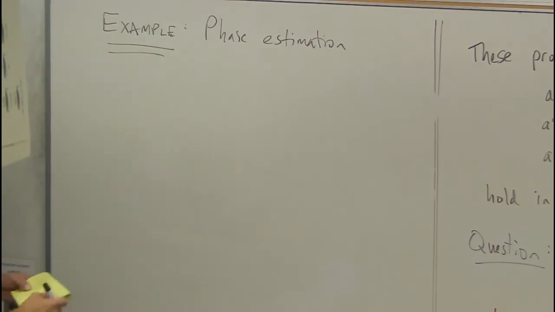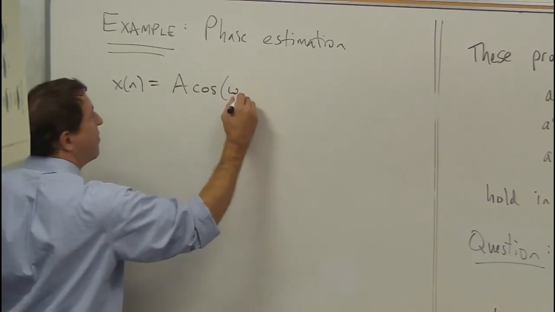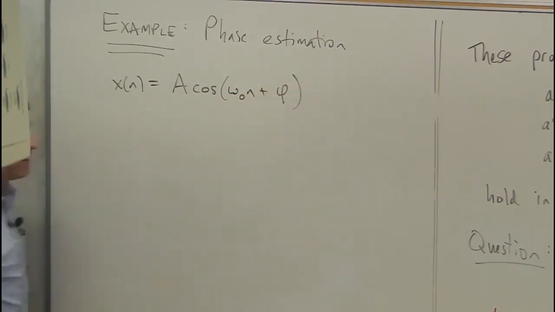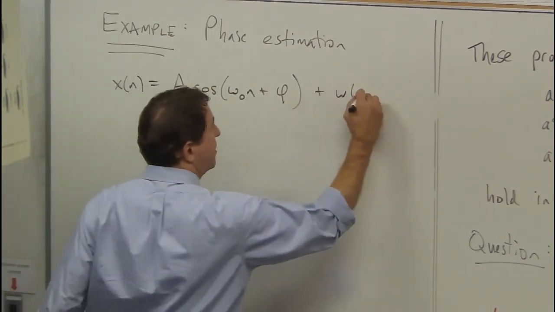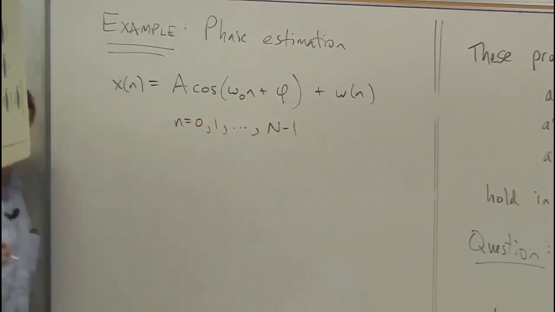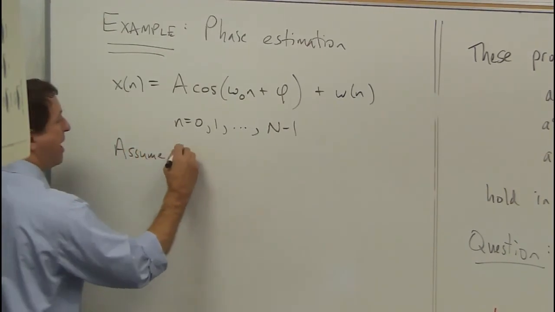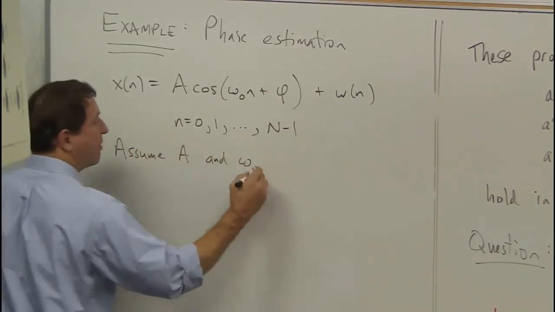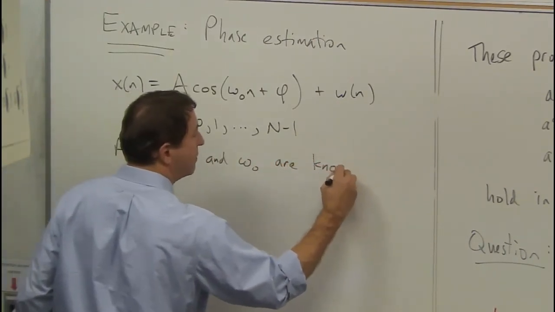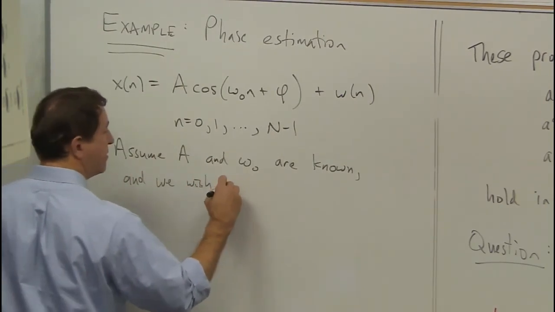In this scenario, our signal x is a sinusoidal signal at a frequency omega 0 with a phase angle of phi and an amplitude of A, and it's corrupted by white Gaussian noise, Wn. We make the measurements over some number of time points, capital N. Let's assume A and omega 0 are known, and we wish to estimate phi.